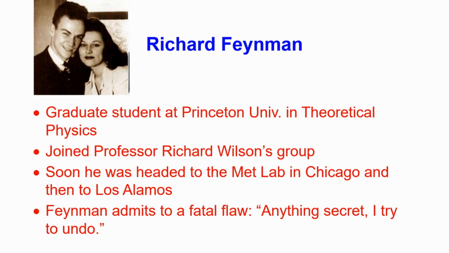Now, on the sad side of his story is he married his childhood sweetheart, even though he knew she had tuberculosis. And one of the things he did was say he would go to Los Alamos, but he had to make sure that his wife had proper medical treatment.